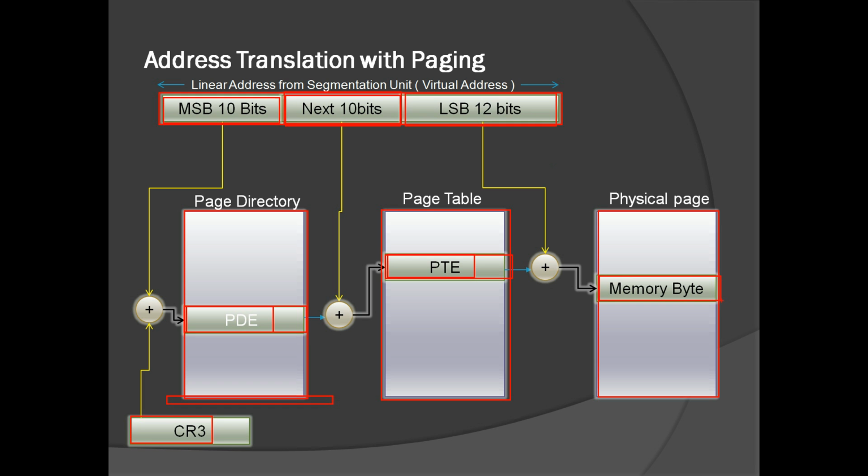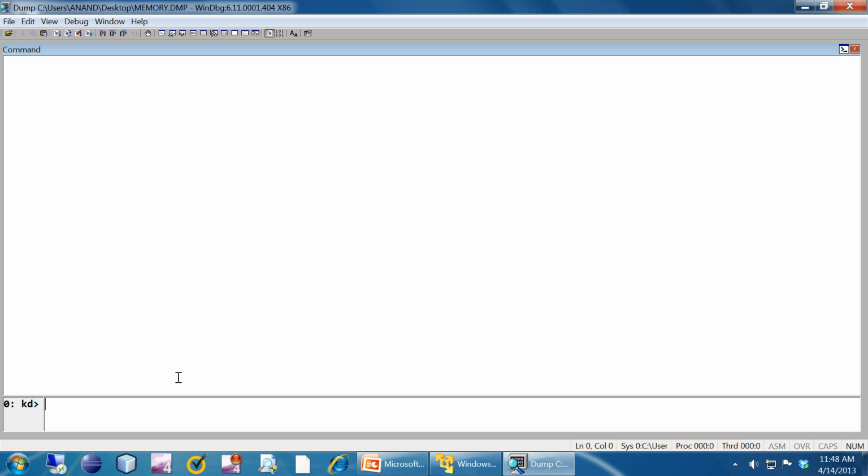Still, you may have a couple of questions on this translation. So what we're gonna do next is a live translation using WinDebug and see how things work. Unfortunately, we cannot use VMware VM Player for address translation because the virtualization layer of the VM infrastructure, in this case the VM Player, virtualizes this part of the processor.